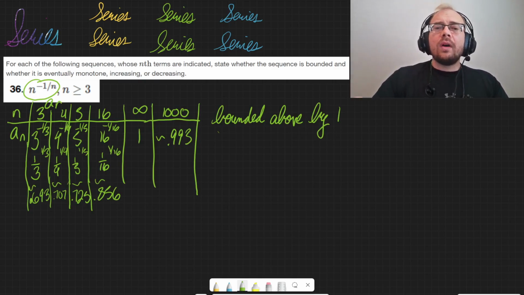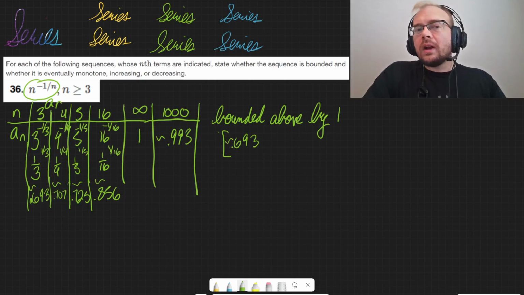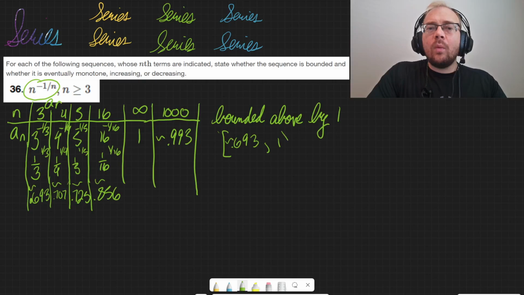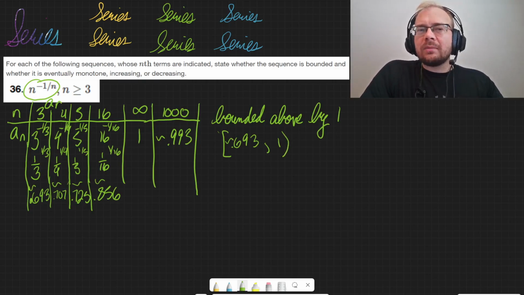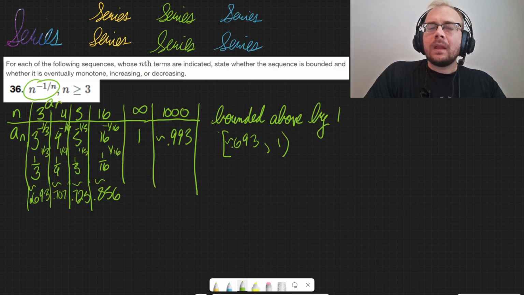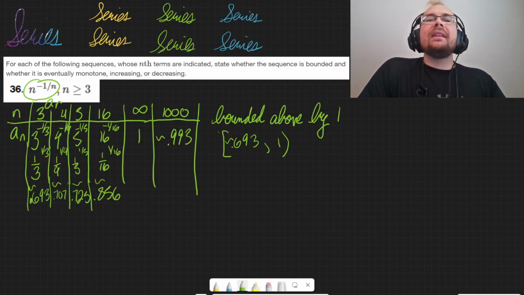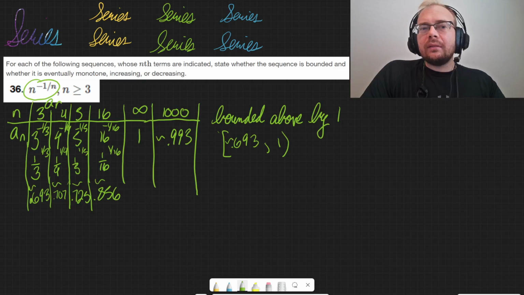Now, if you wanted to list an interval of values, it would be something like 0.693. Roughly, if you wanted to put the actual number there, you would put 1/3 to the 1/3 power. But then it's going all the way to 1. It's never actually reaching 1 because remember, infinity is not a number. If it were able to go to infinity, then it would go to exactly 1, but it's not able to go to infinity as a number, right?